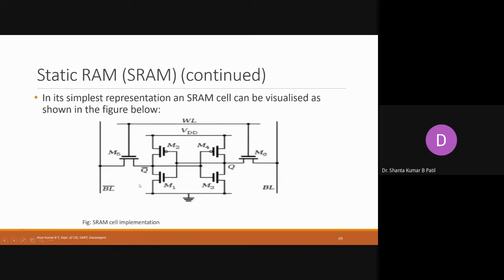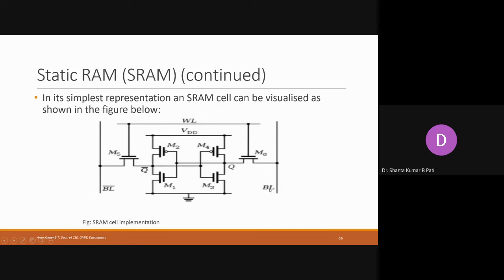You can see why BL and BL complement. In order to make this cell stable, it uses the BL lines. Otherwise it will lose the balance and fall down to one side. In order to make it balanced, two legs are there, so it is stable.